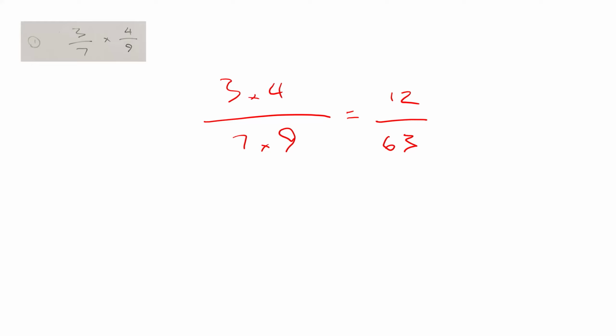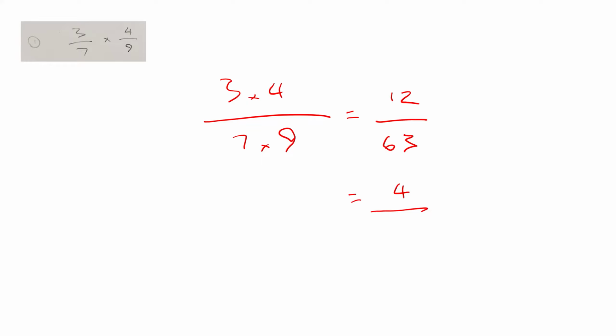Is it correct? Yes, it is, but it's not the final answer because we always want to simplify our fractions where we can. Now, maybe it's jumped out at you that both of these numbers, the 12 and the 63, are divisible by 3 because 3 4s are 12.